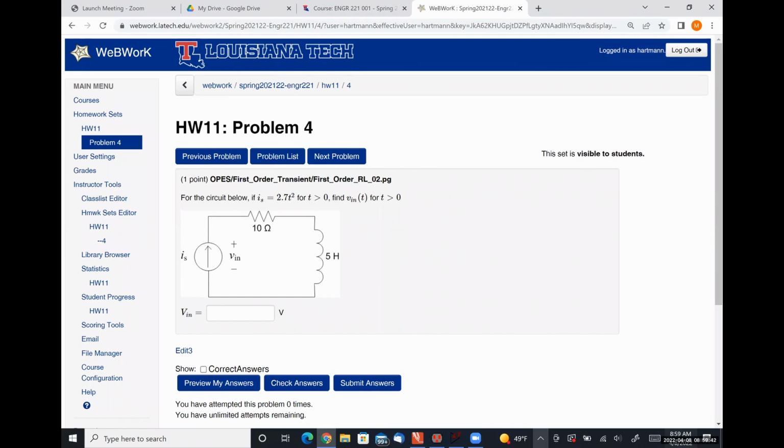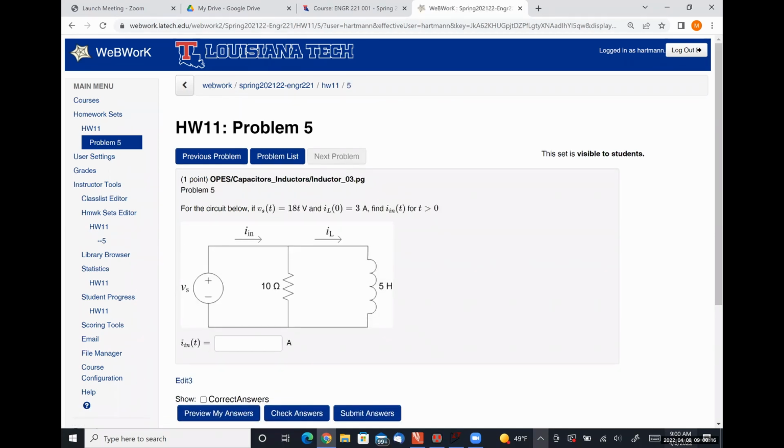Problem number 4, you're asked to find the voltage drop Vn as a function of time. That's just going to be applying Kirchhoff's voltage law around the loop. So the voltage Vn will be the voltage drop over the 10 ohm resistor plus the voltage drop over the 5 Henry inductor, where you have to use Ohm's law to get the voltage drop over the resistor and the derivative based voltage relationship to get the voltage drop over the inductor, and then just add the two things together.